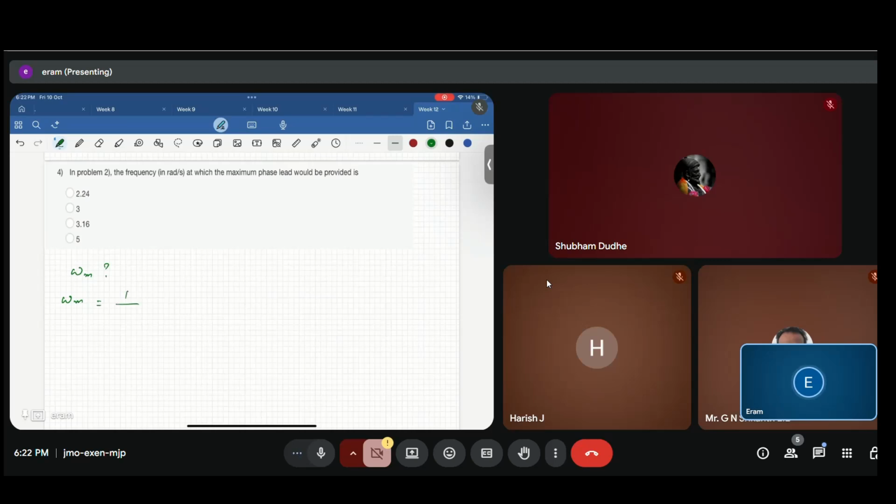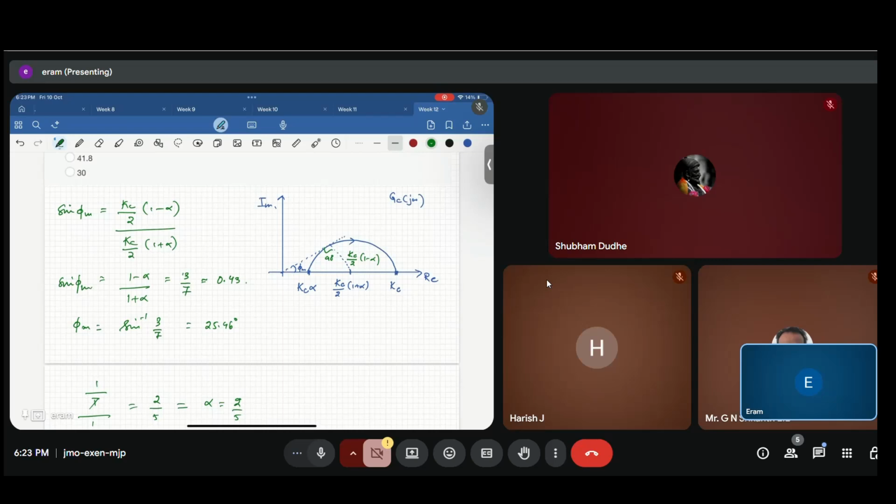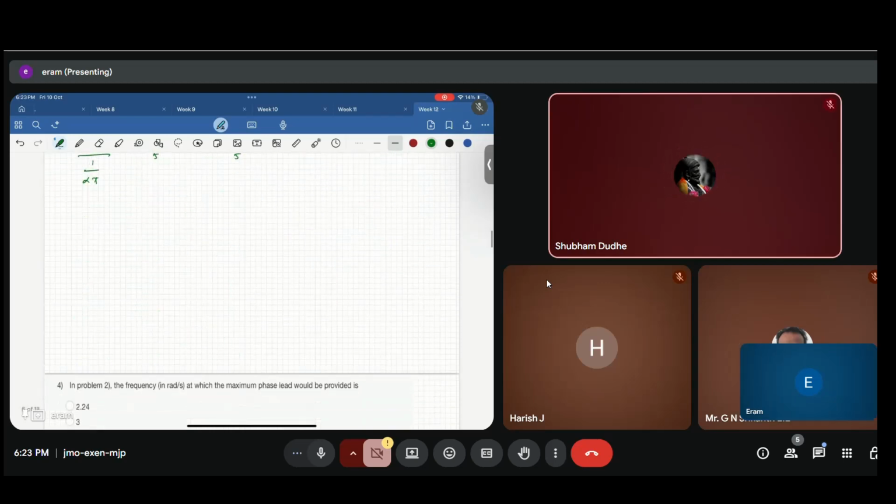So we have a formula for it, which is 1 by under root alpha T. 3.16.